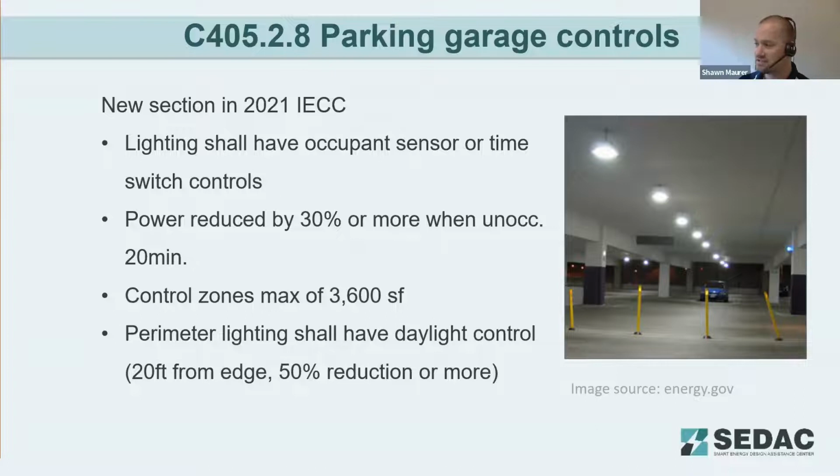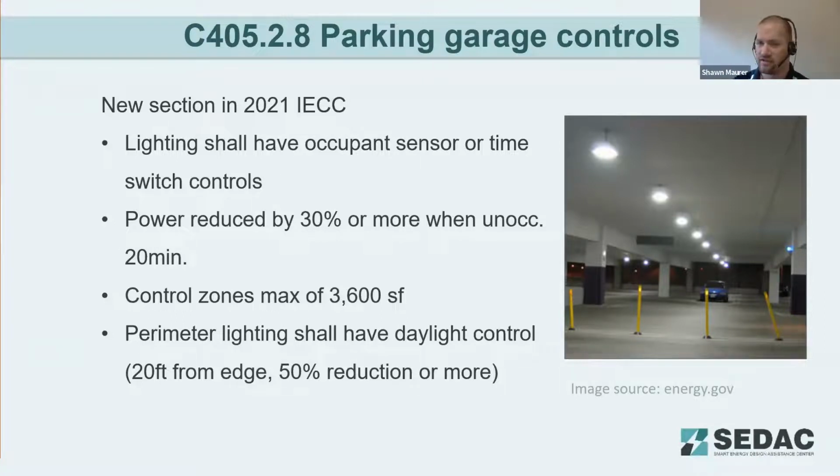There are exceptions to the daylighting controls on the exterior if you've got a limited window to wall ratio, less than 40% of that opening to the garage. There's also an exception if you've got less than 1.5 foot candles of lighting in the space, then you don't want to dim that anymore, taking into consideration some safe passage and safety lighting requirements there.